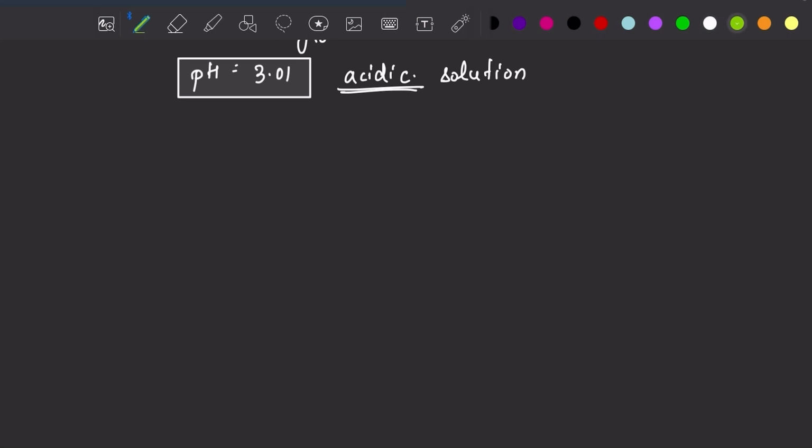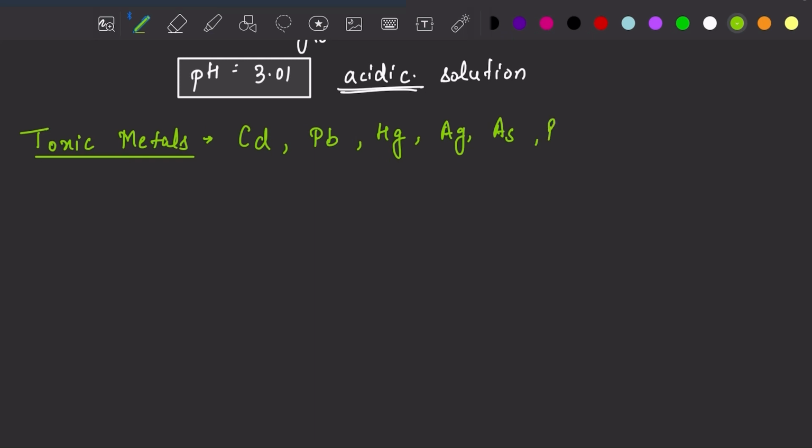So the metals which are naturally found in the water are classified into toxic and non-toxic metals. So toxic metals are cadmium, lead, that means Pb, mercury, that means Hg, silver, that means Ag, arsenic, that means As, and barium, that means Ba.